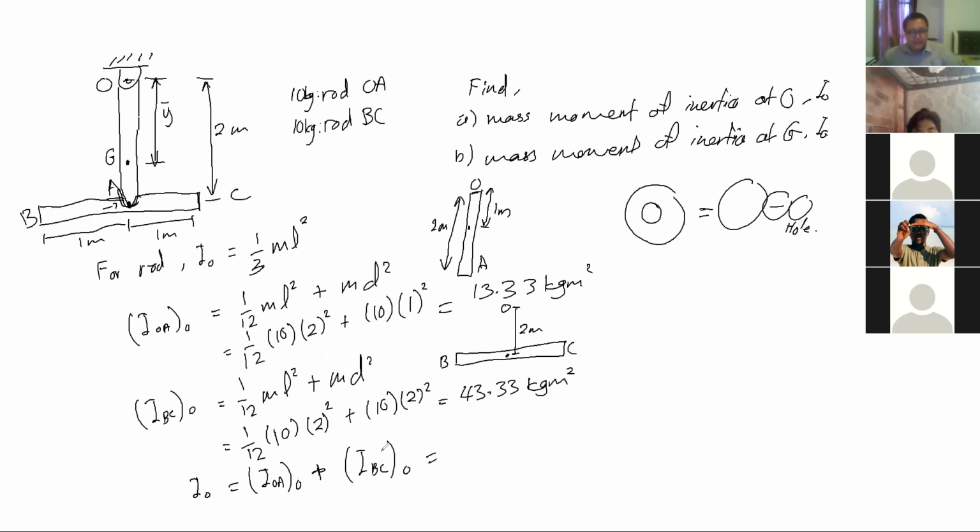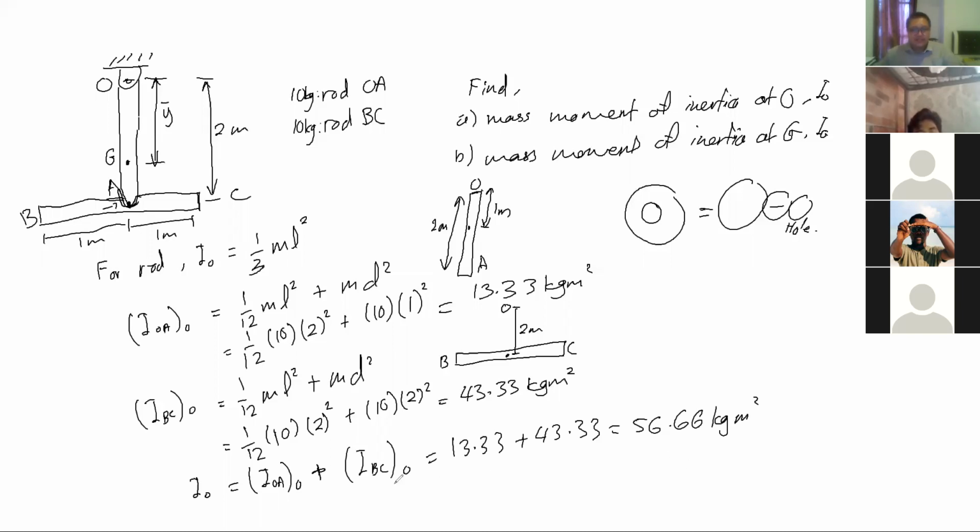And if you do this, it's going to be 13.33 plus 43.33, which is 56.66 kg m square.